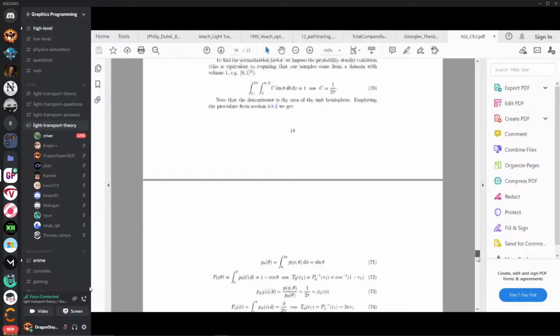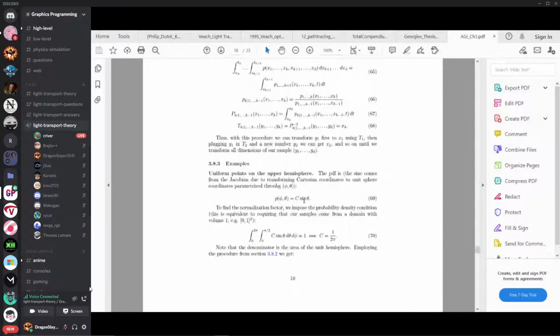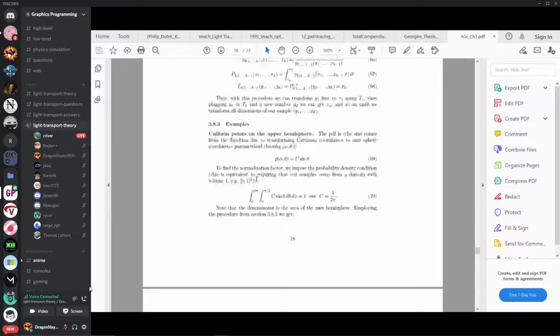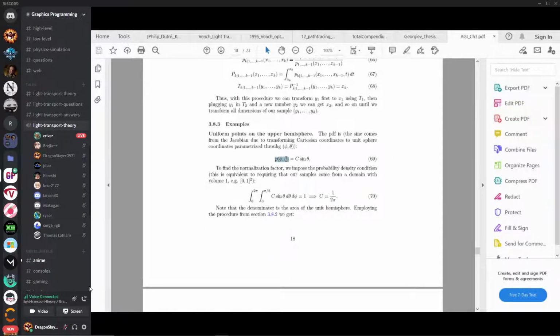Okay, these are the examples. Let's see some examples of that. In your rendering equation, if you rewrite it in terms of spherical coordinates, a sine theta term pops out, and you may say, okay, let's just remove that term. So my probability density function is that one, because I want to cancel out this term.